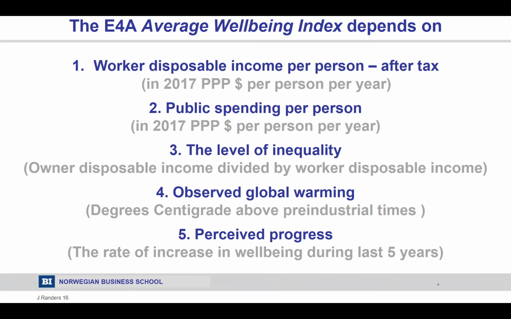above pre-industrial times. And then fifthly, in order to indicate what we all call participation, the engagement in society, we use something we call perceived progress. And basically, this is the rate of increase in well-being during the last 5 years.